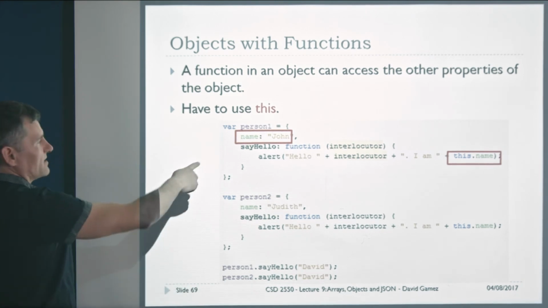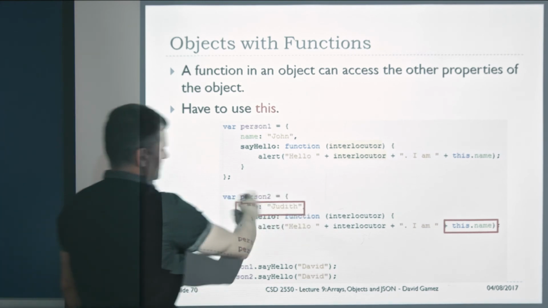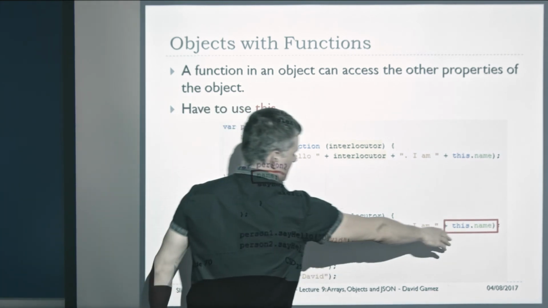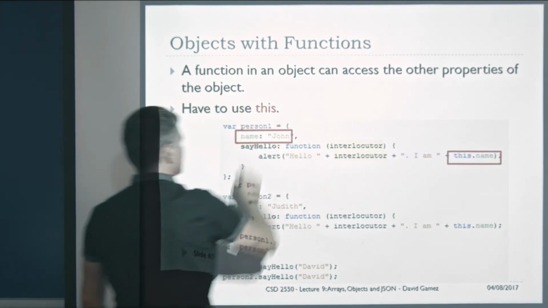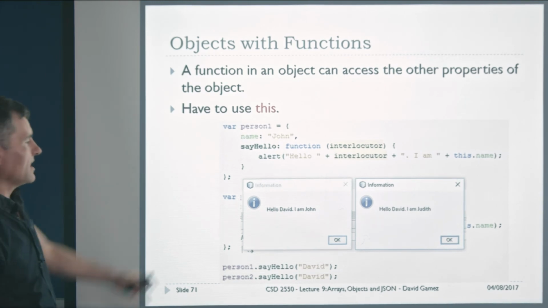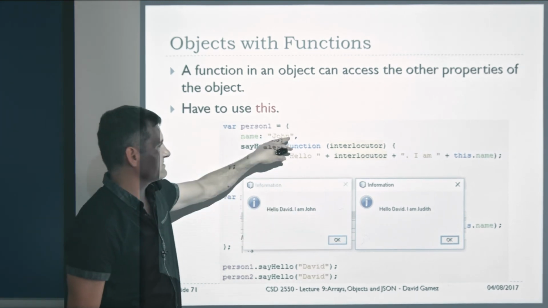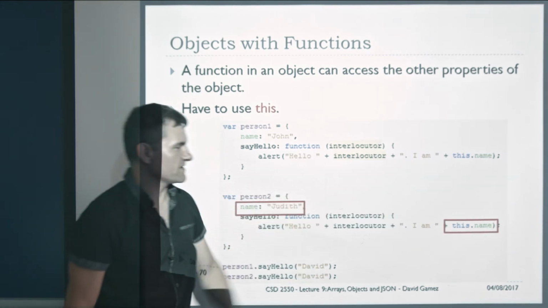The same is true here. We've got a second person with a second function. In this case, this.name refers to Judith, whereas this.name here refers to John. So if we execute those, we get hello David, I'm John when this runs, and hello David, I'm Judith. Otherwise, it's going to create an error if you don't have the this.name thing.